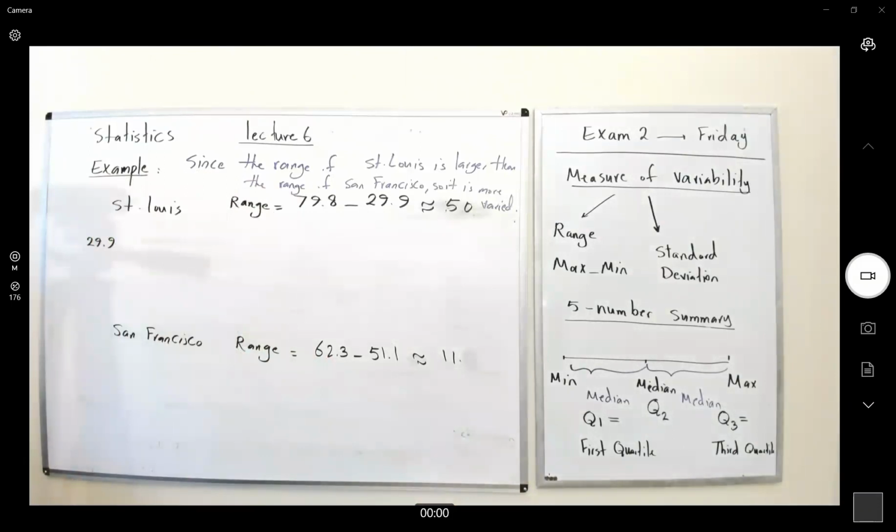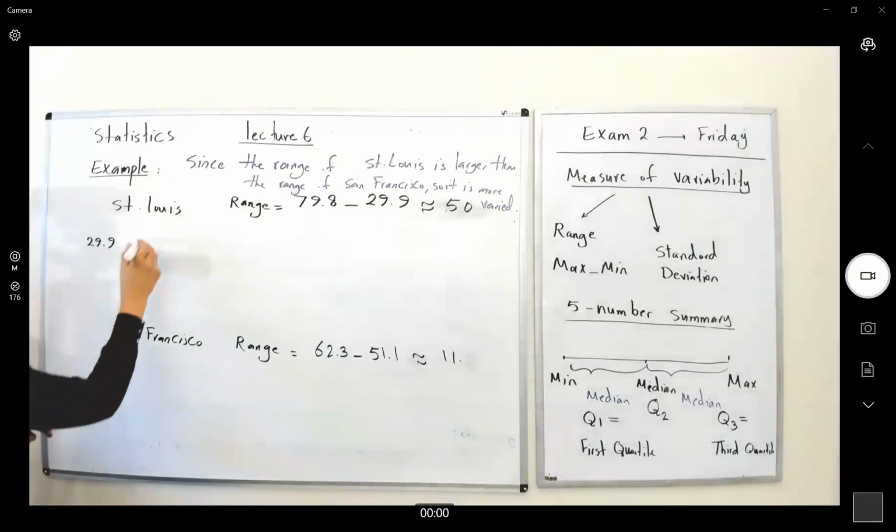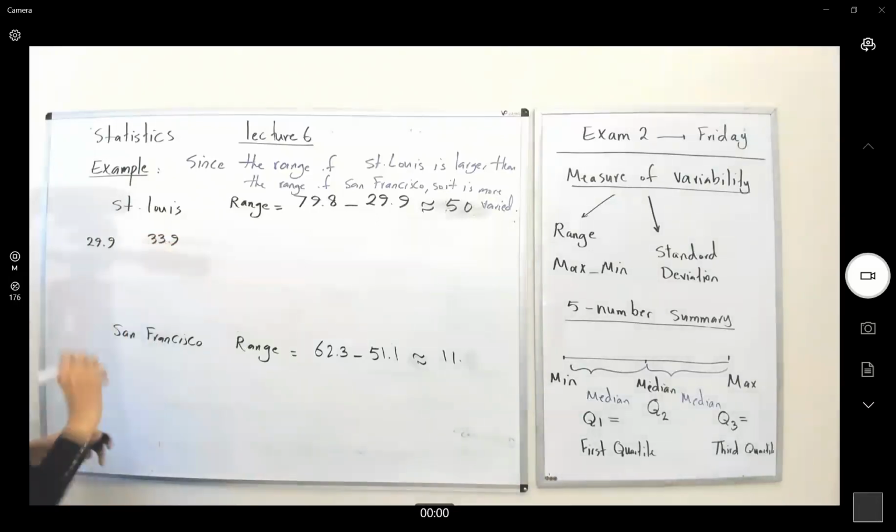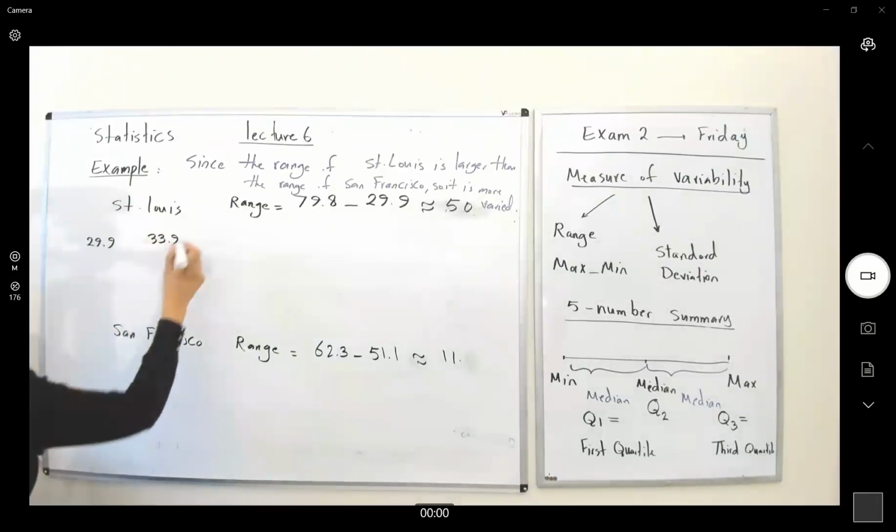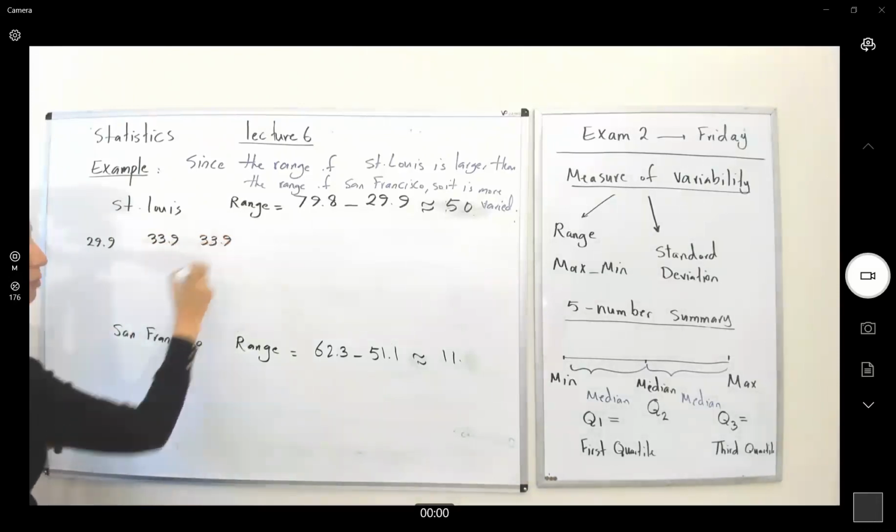After that, we have 33.9. Then we have 45.1. Oh, we have 33.9 again. Okay, we have repetition here.